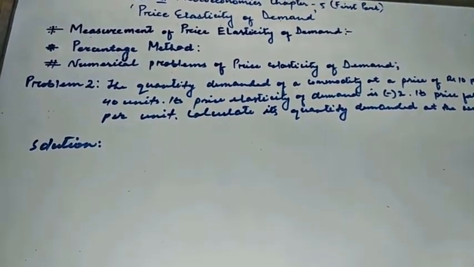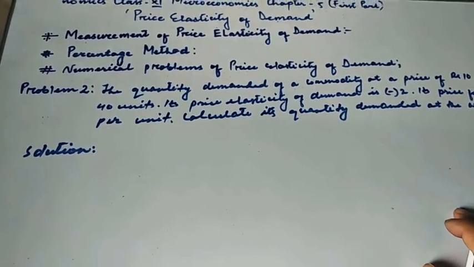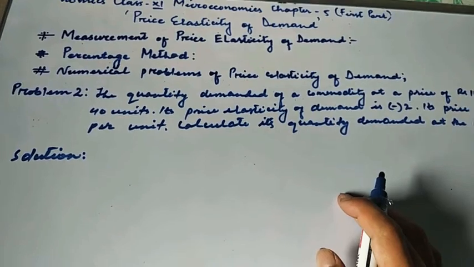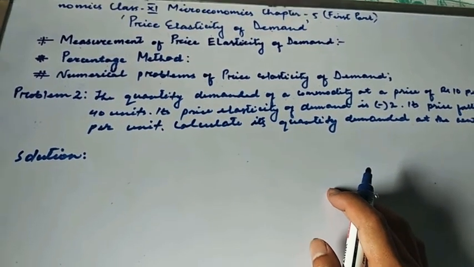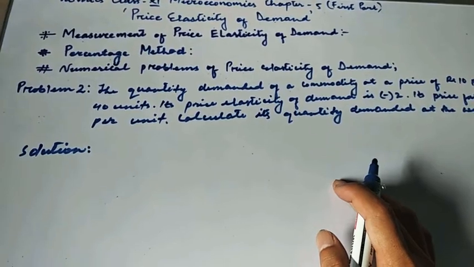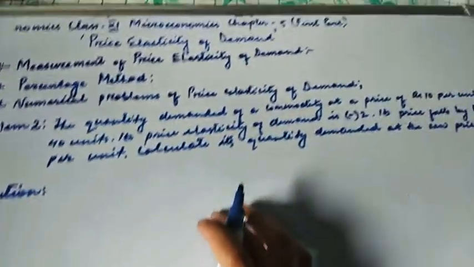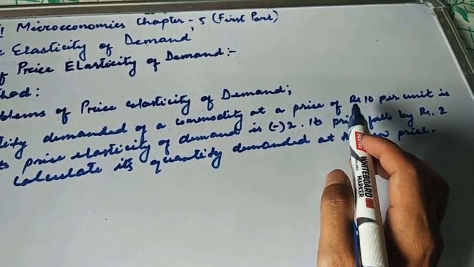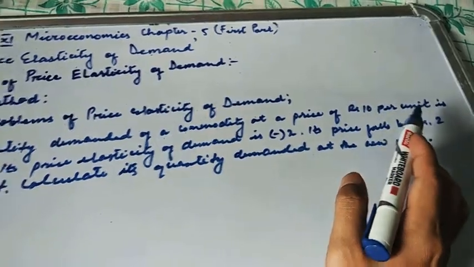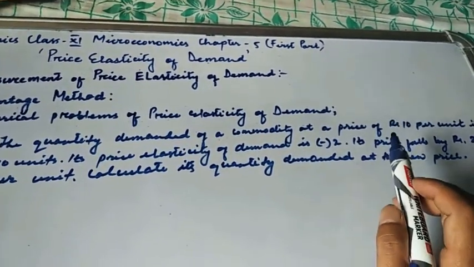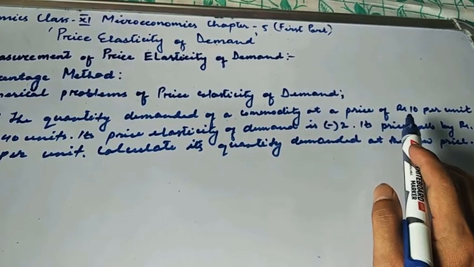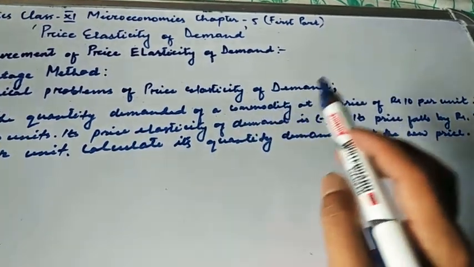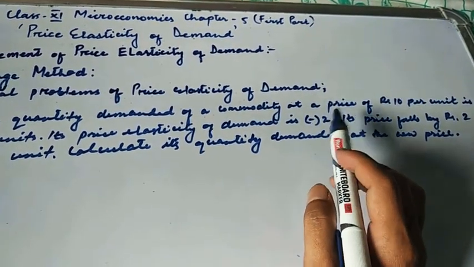Now problem type 2. In this question, we will talk about the minus sign that we have just mentioned. In calculating the price elasticity of demand by the percentage method, the minus sign is ignored. Let us look at the question. The quantity demanded of a commodity at the price of rupees 10 per unit is 40 units, and the price elasticity of demand is given as minus 2.